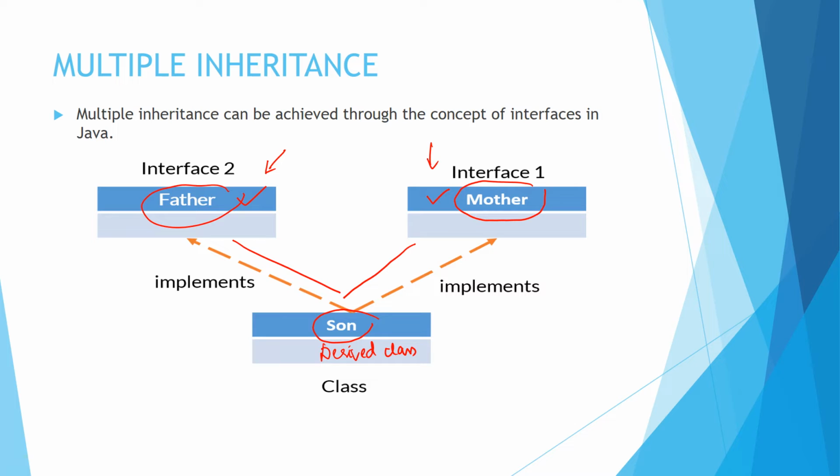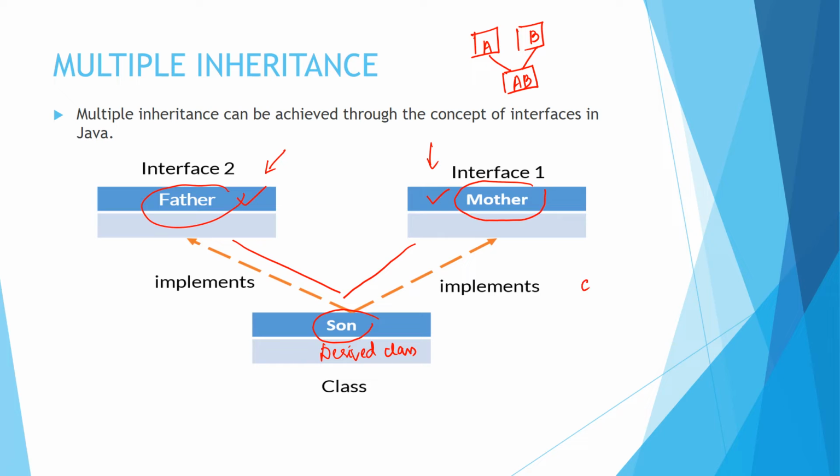Okay, this is the diagrammatical representation of what multiple inheritance means. So again, what is multiple inheritance? When one derived class is inherited from two base classes, this is called as multiple inheritance. So in order to implement this concept with the use of interface, we need to keep two things in mind.